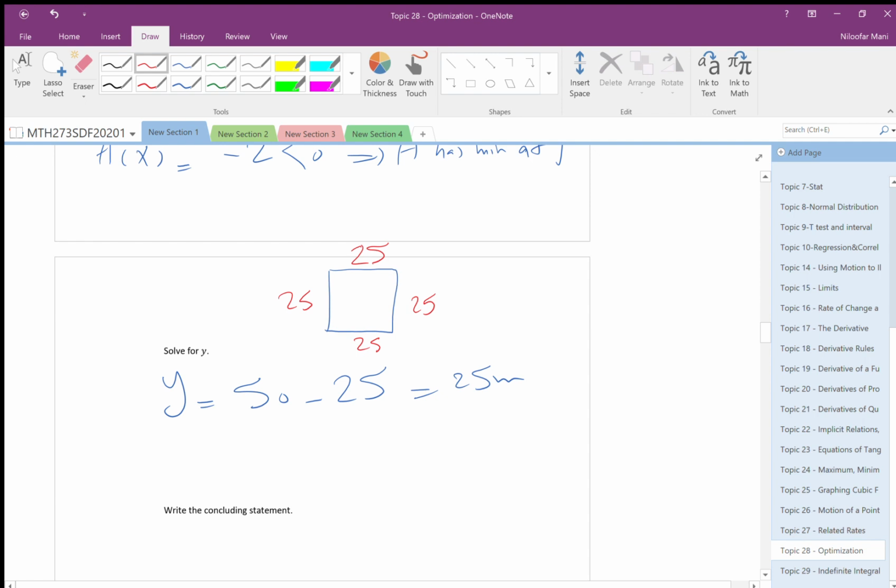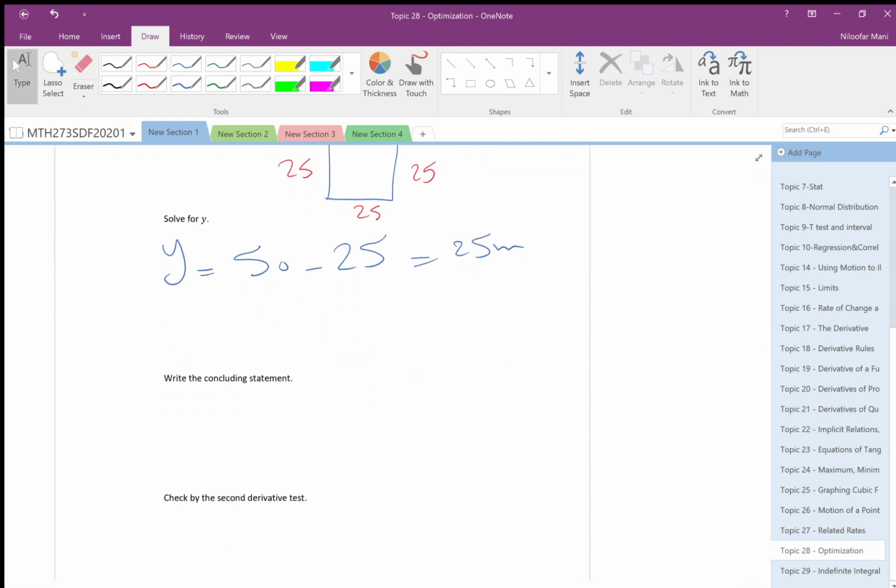All sides must be equal. That's a very beautiful question. Okay, so then I can say the conclusion sentence: the land whose perimeter is 100 meter and the area is maximum is a square. All sides are equal and all sides are 25 meter.